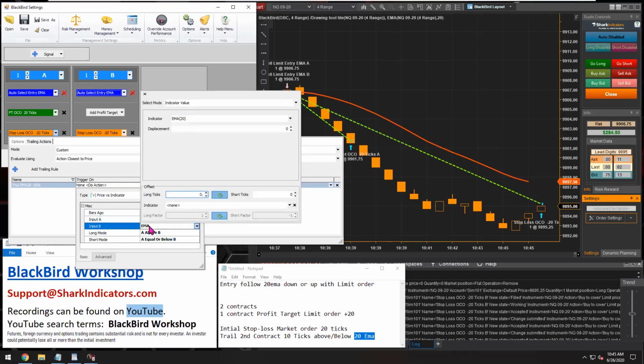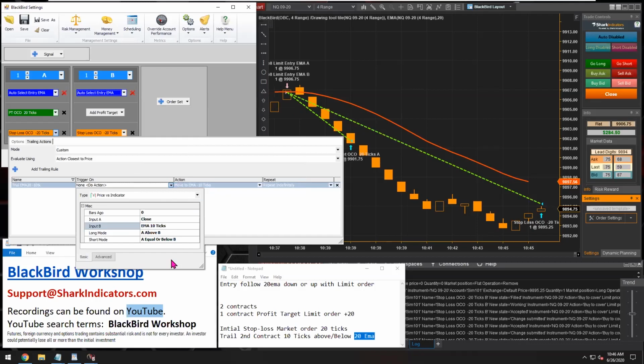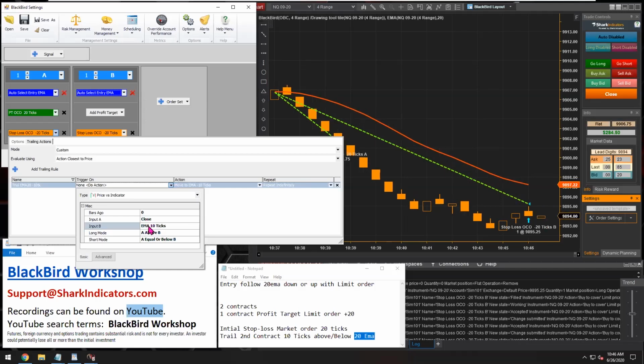I like to take the moving average and add 10 ticks. So we could say, let's wait for the closing price to be above the EMA plus 10 ticks. So we'll take the EMA, add 10 ticks, and then the closing price has to be above that before we want our stop loss to start following that EMA20.